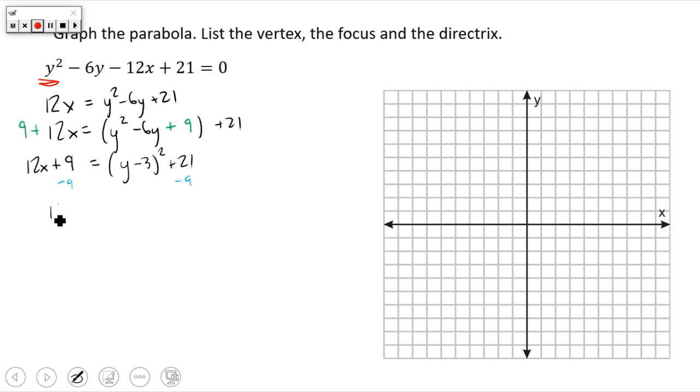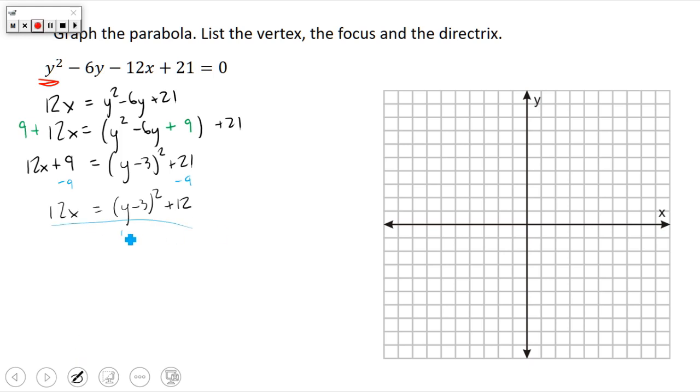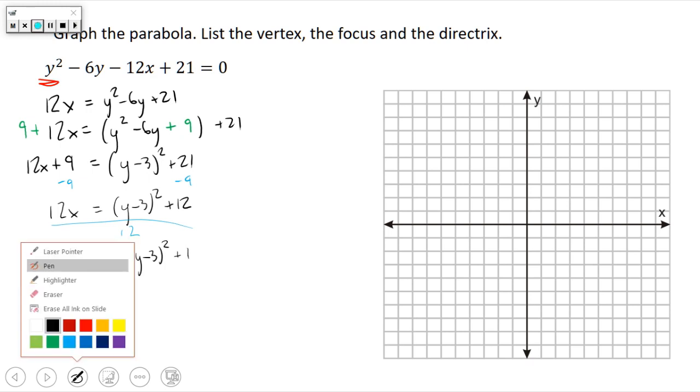We'll get that 12x is equal to y minus 3 quantity squared. What's 21 minus 9? 12. And then divide everything by 12. And we get that x is equal to 1/12 y minus 3 quantity squared, and then 12 divided by 12 is 1. So here we have the same task.